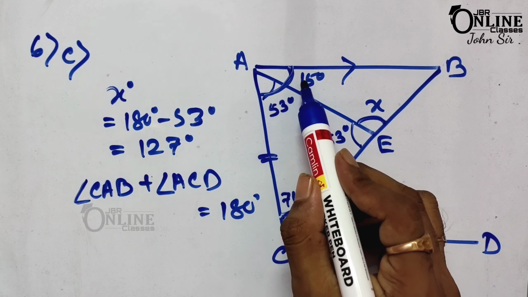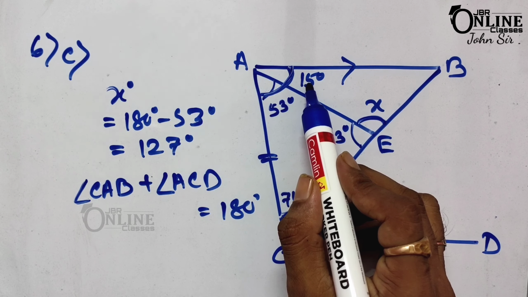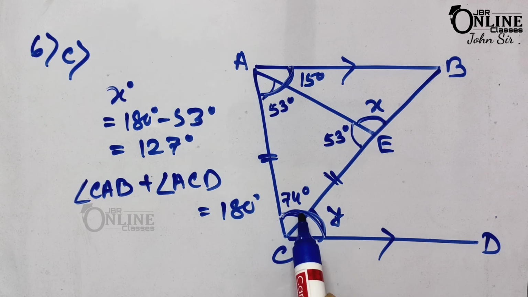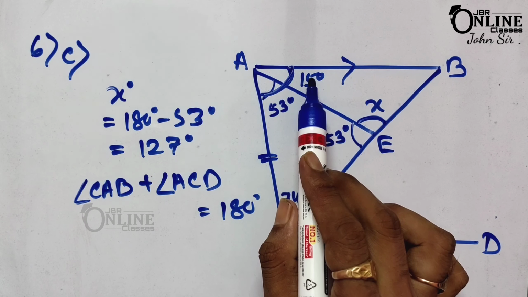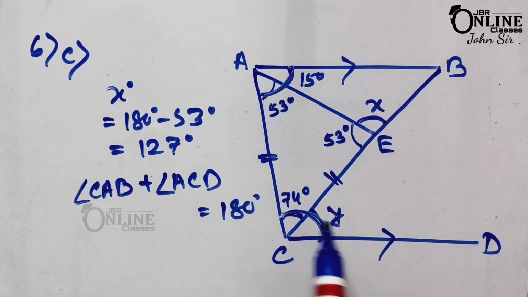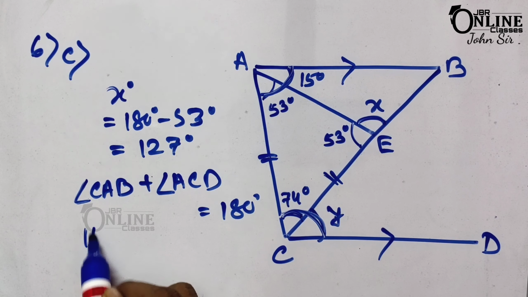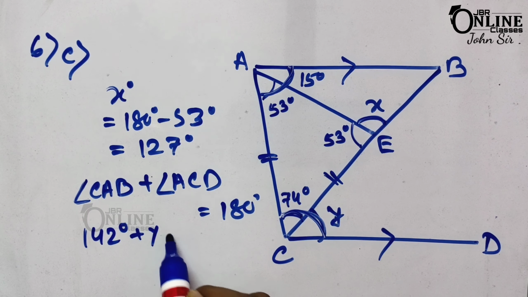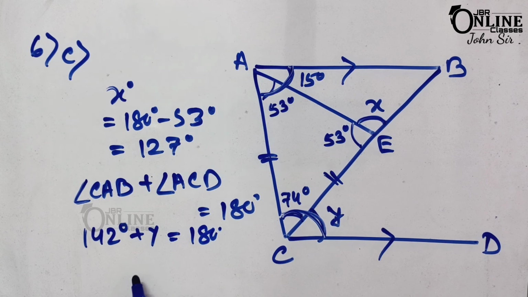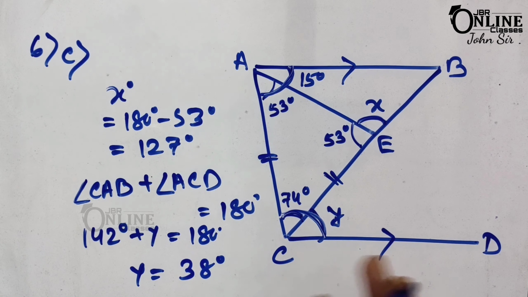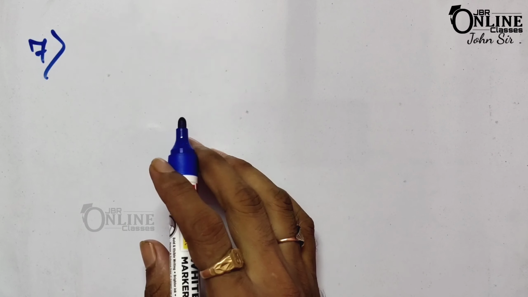Now you have this one 53 plus 15 and here you know this one 74. So 53 plus 15 plus 74 plus Y, that equals 142 plus Y, that equals 180. So from that Y equals 180 minus 142, so that equals 38 degrees. It's very easy.